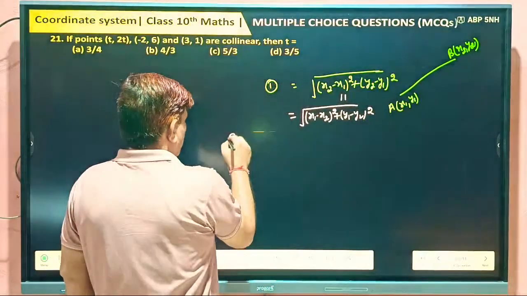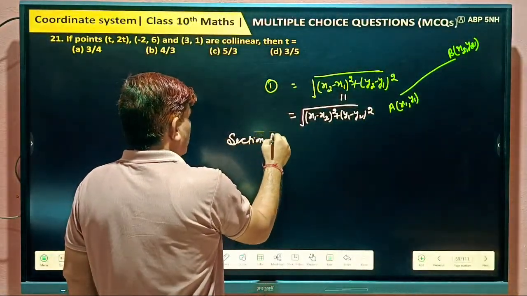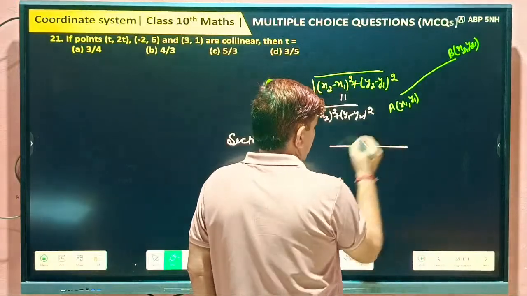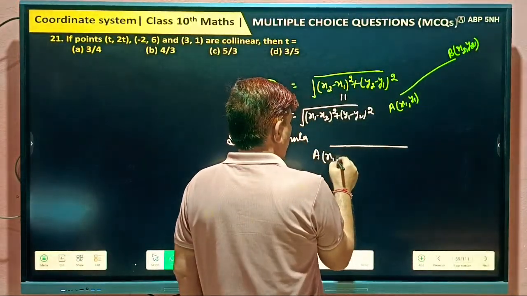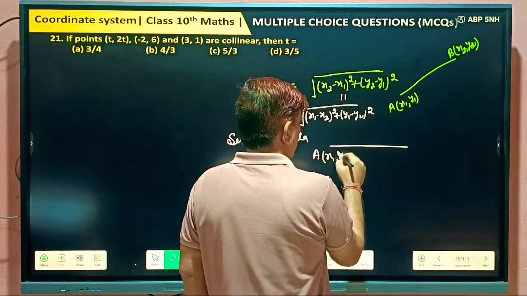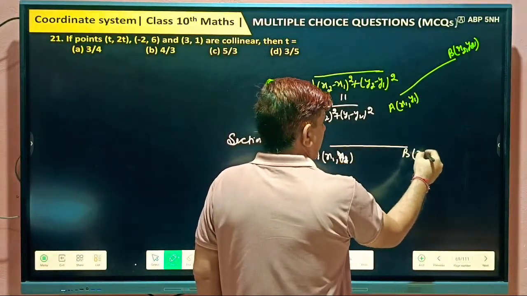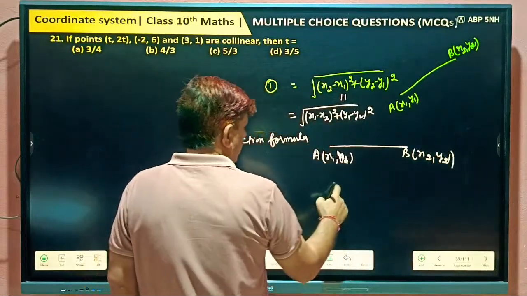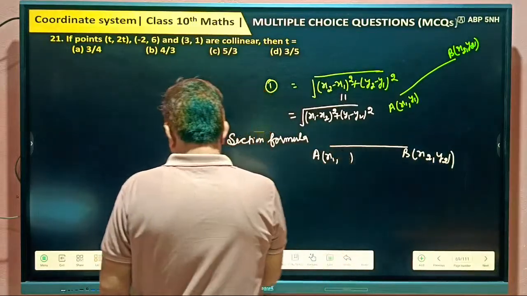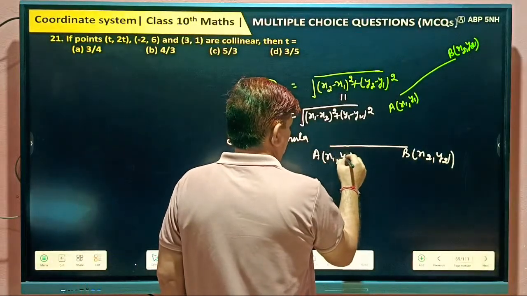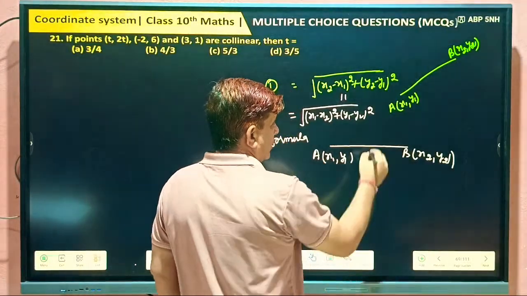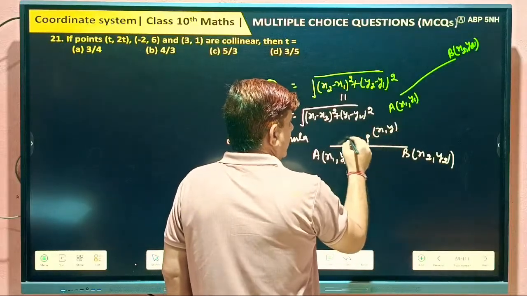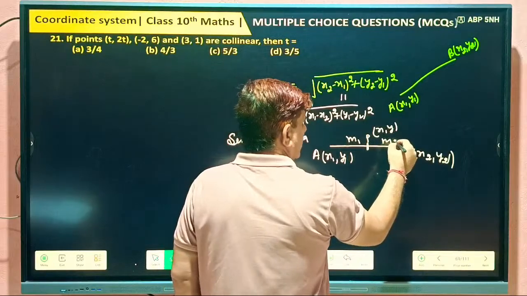Second is the section formula. Like this, we have a line segment whose endpoints are A (x1, y1) and B (x2, y2), and here is a point P whose coordinates are x and y, and it divides in the ratio m1 to m2.